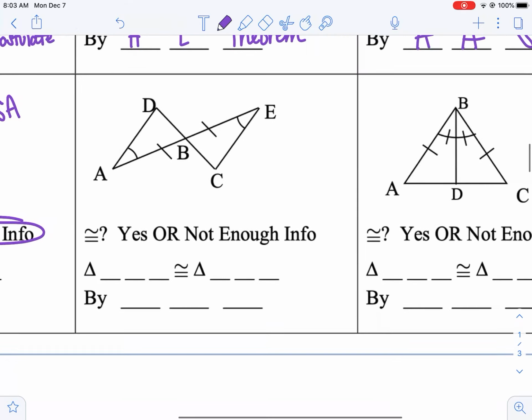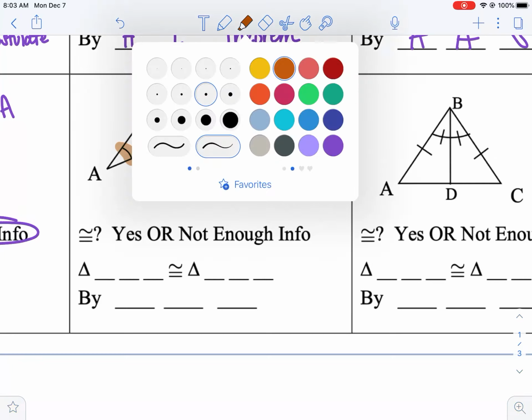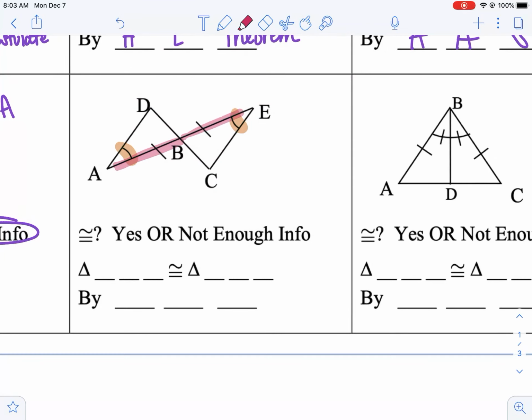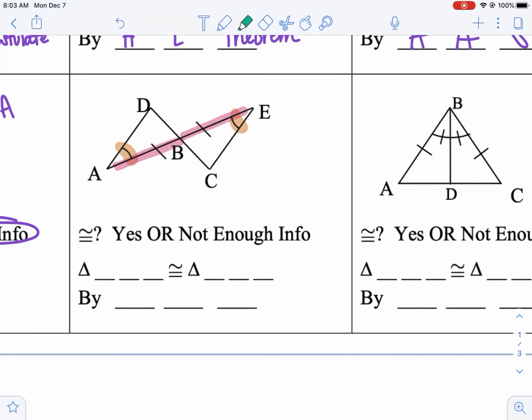Okay, next up, we've got an angle, a side here, and we're looking for one more set of corresponding parts. There isn't anything given to us that's marked congruent, just things that are assumed to be congruent, like these vertical angles here.